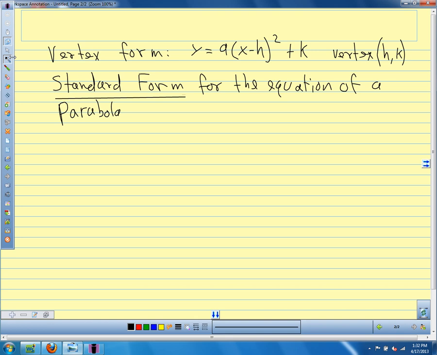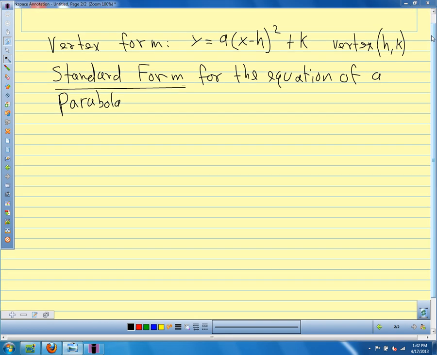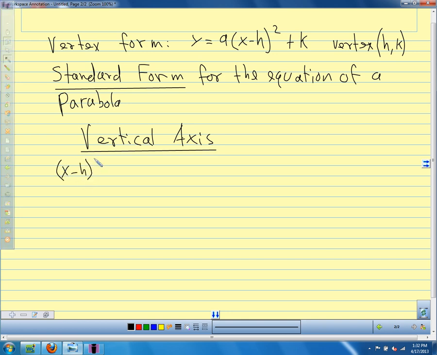We're going to break it down into two different cases. Our first case is if our axis is vertical, so our parabola is opening up or down. For a vertical axis, our standard form for the equation is (x minus h) squared equals 4p times (y minus k), where p is some number.